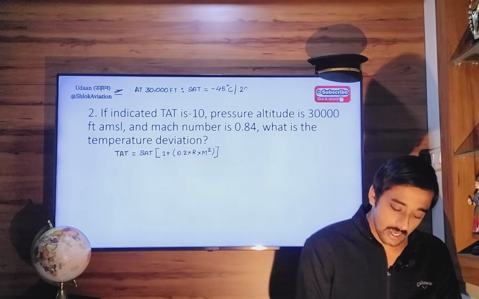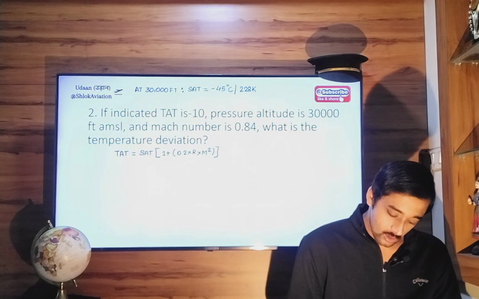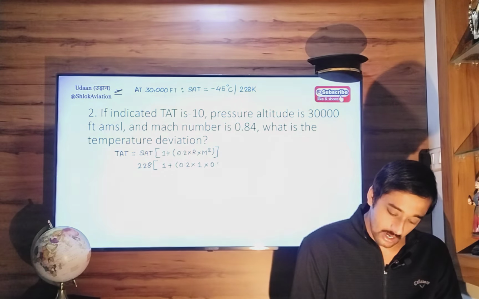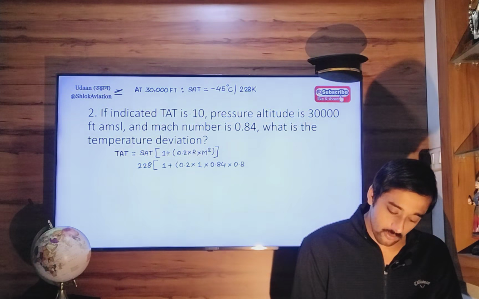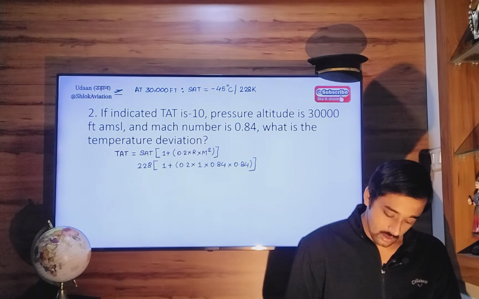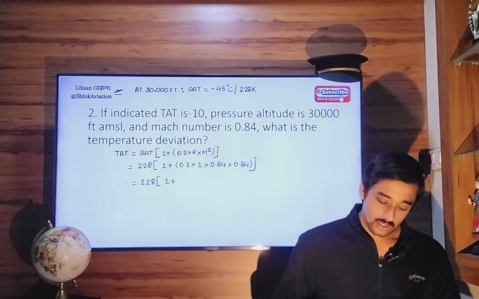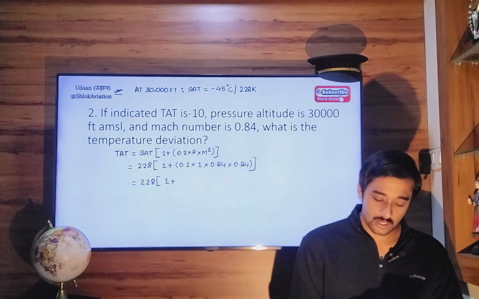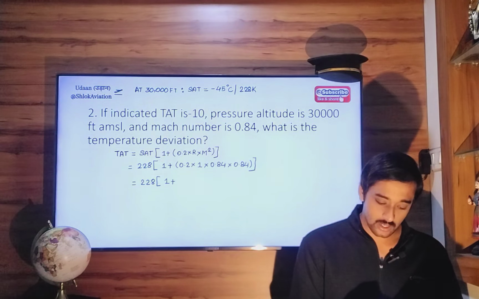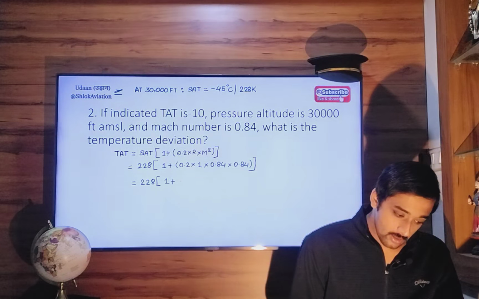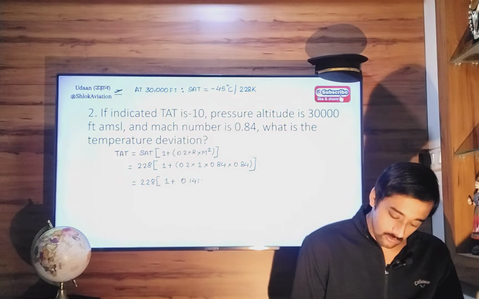So 228 into 1 plus 0.2 into 1 into 0.84 into 0.84. That is equal to 1 plus 0.14112.